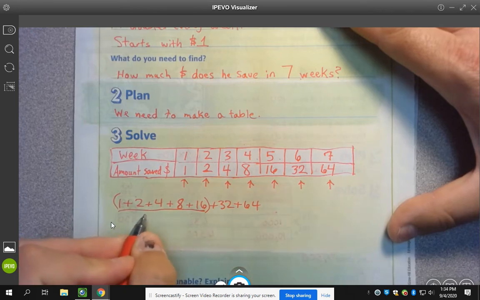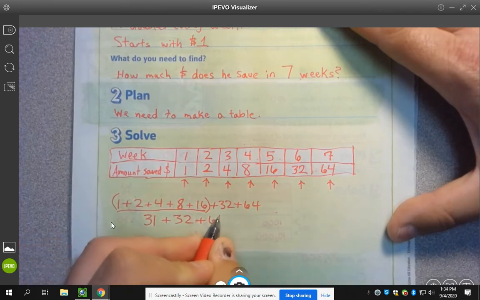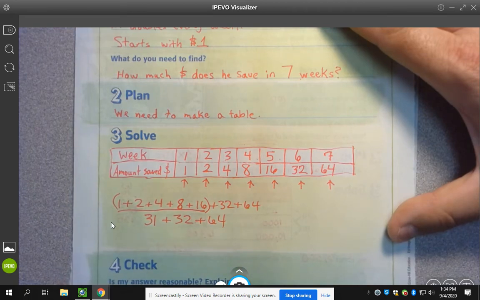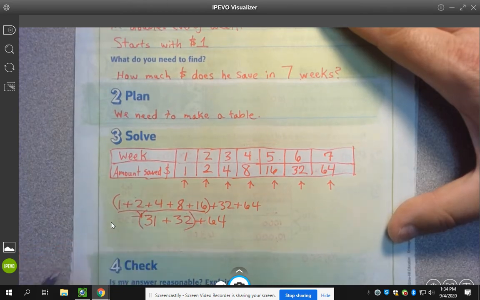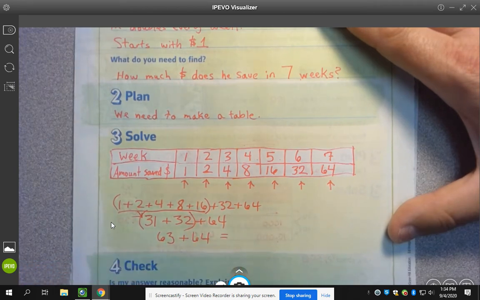It is 31. So we got 31 plus 32 plus 64 now. We're doing a little algebra now. So we answered this right here. That's where that came from. So let's do 31 plus 32. 63. So 63 plus 64. Now what does that equal?